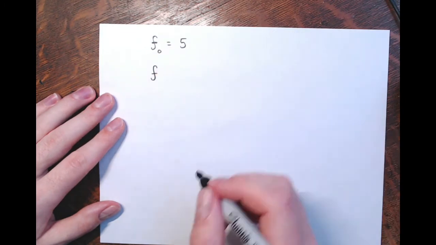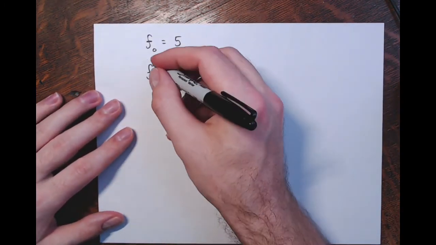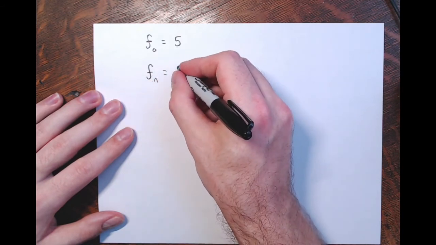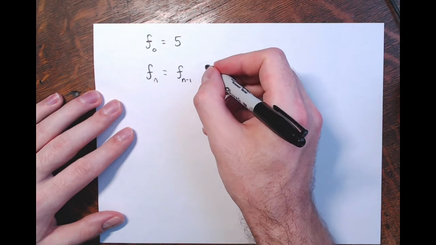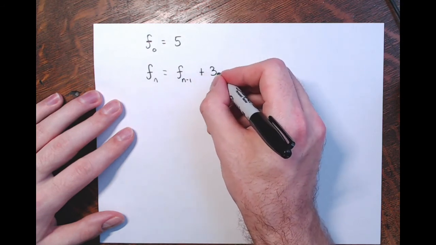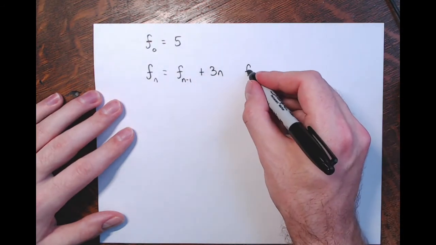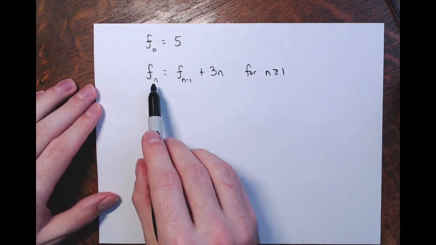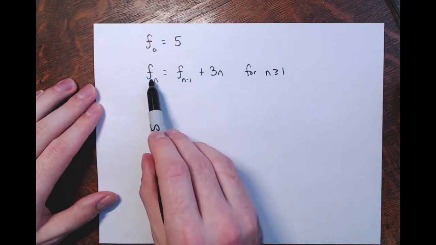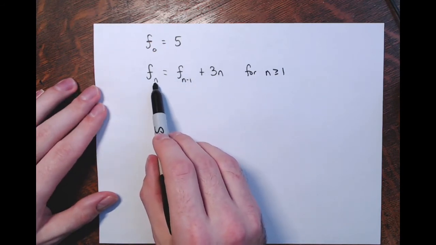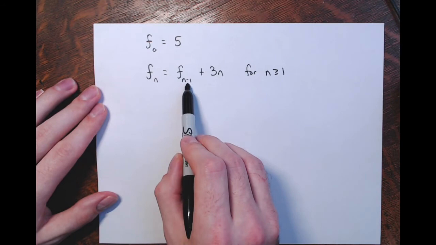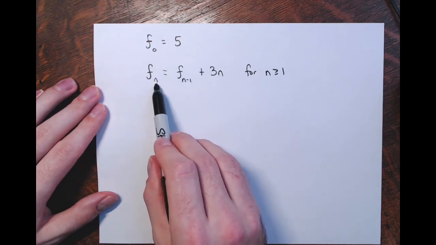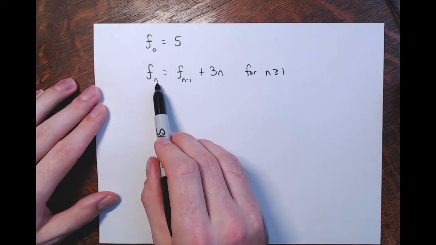And then for inputs of 1 or greater, f of n is equal to f of n minus 1 plus 3 times n, for n greater than or equal to 1. All this is telling me is that every term is the value of the previous term plus 3 times the term number, or the index number, I'm at.